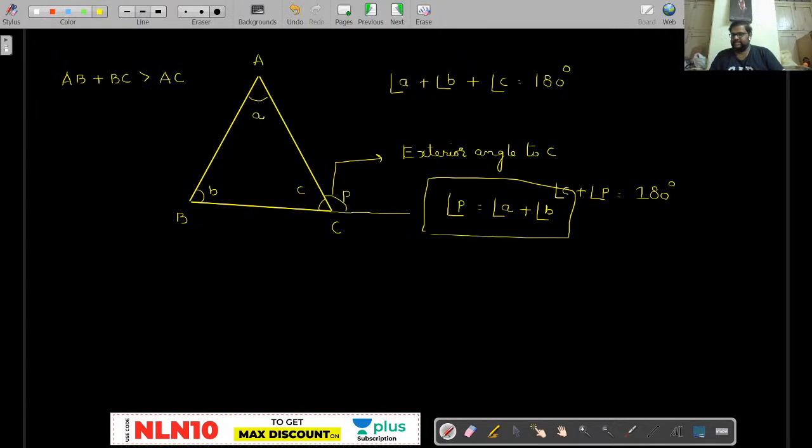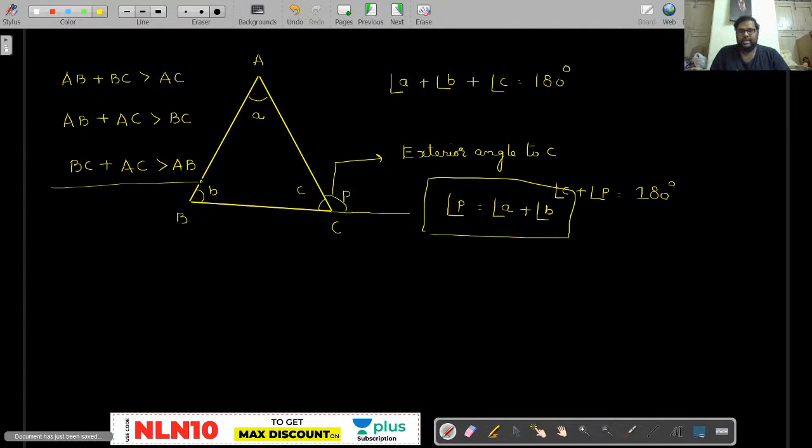AB plus AC must be greater than BC. BC plus AC must be greater than AB. This is the one point that you have to remember: the sum of two sides of a triangle must be greater than the third side. Done. Now let us see the different types of triangles.